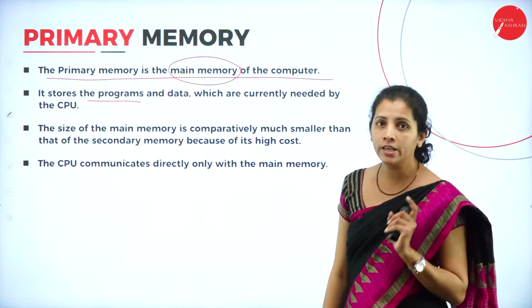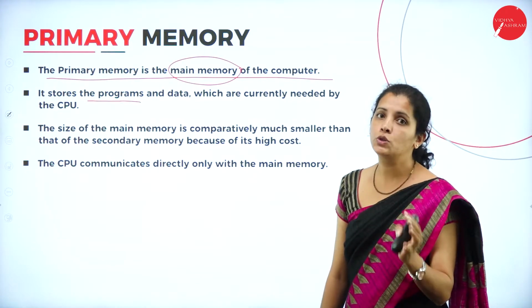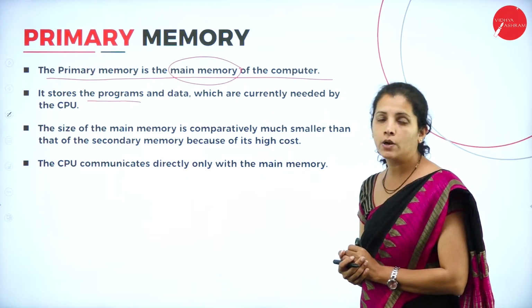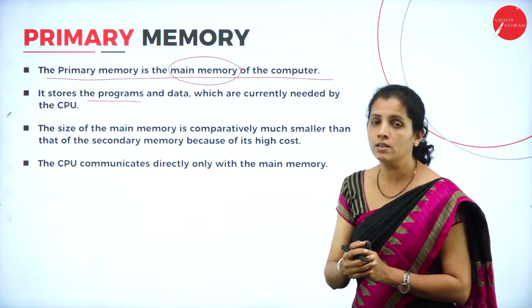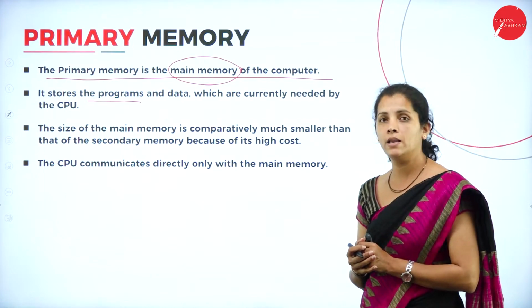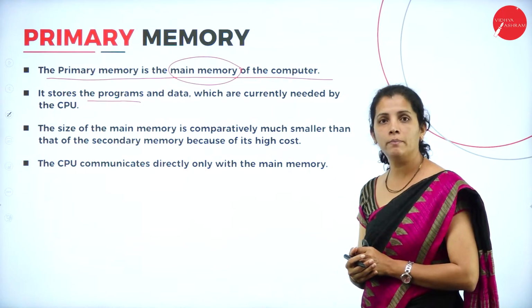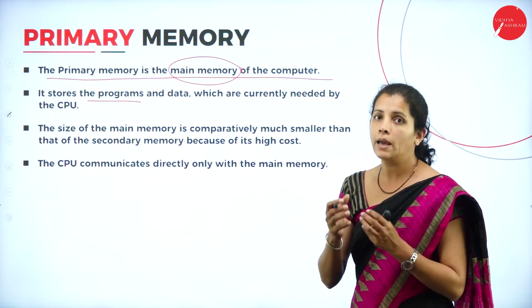Now the question arises, what kind of data is it going to store? So here all the data which is required by the CPU for further execution, those kinds of data are stored in the main memory or in the primary memory, because we have only limited capacity.